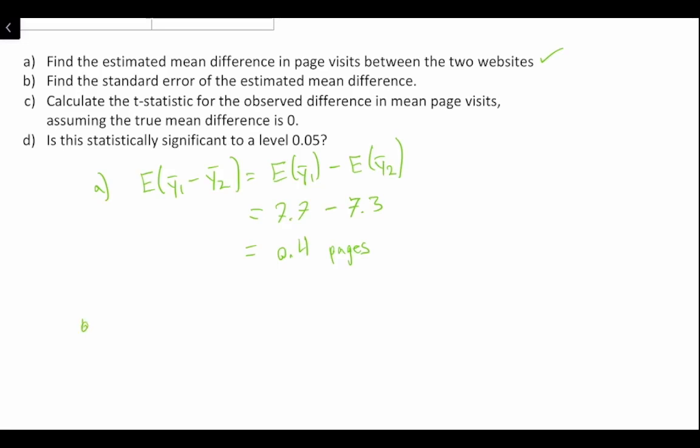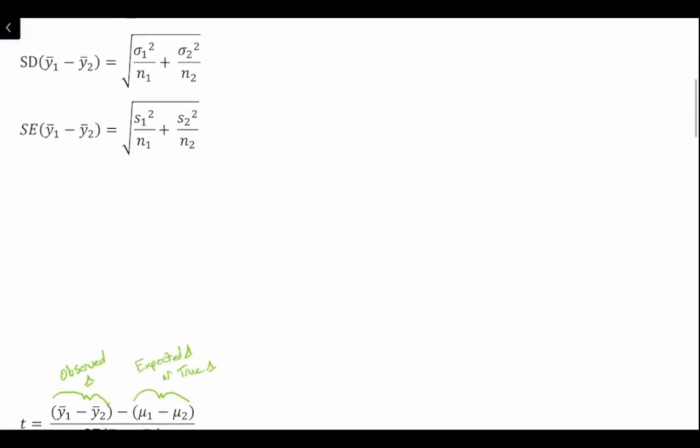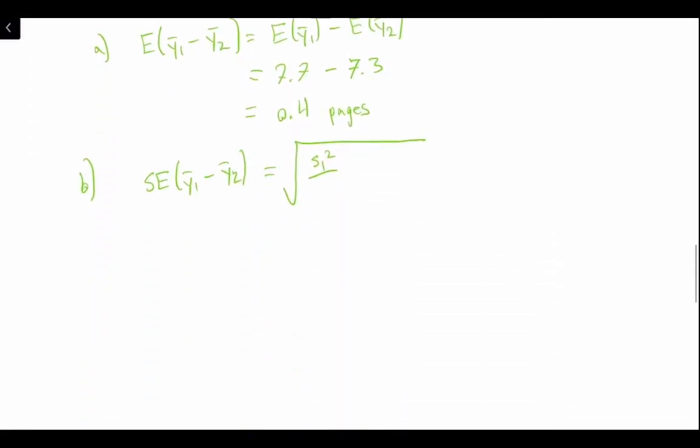In B, we're asked to calculate the standard error of the estimated mean difference. So the standard error of y bar 1 minus y bar 2 is equal to the square root of S1 squared divided by our sample size, plus the standard deviation of our second sample squared divided by our second sample size.